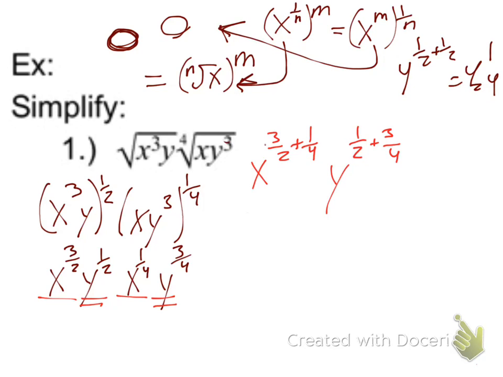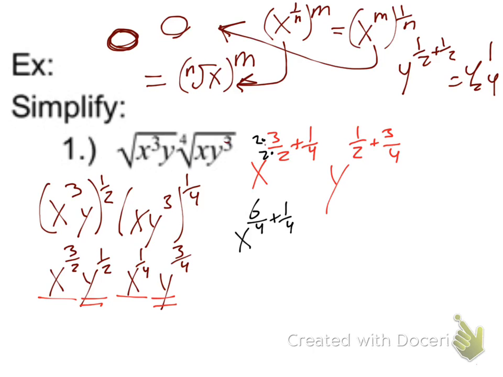So what happens here now, we have our exponents that have fractions with non-common denominators. So we have to get common denominators, and the common denominator between the 2 and the 4 would be 4. So what I'm going to do is multiply the top and bottom by 2. And when I do that, I end up having x to the 6/4 plus 1/4.